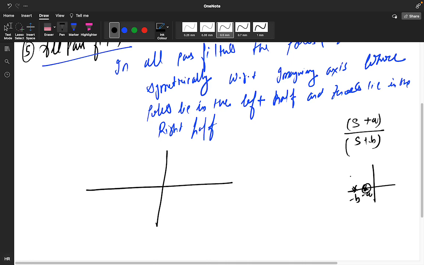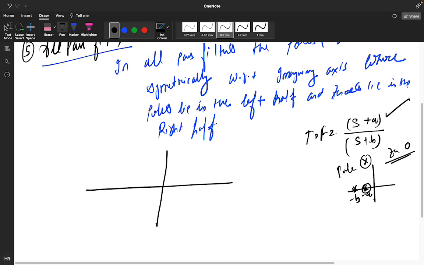A pole can be represented by a cross and a zero can be represented by a dot. This is your transfer function.